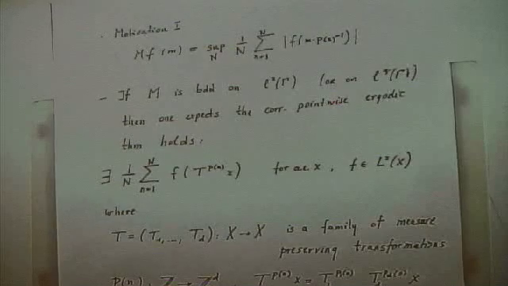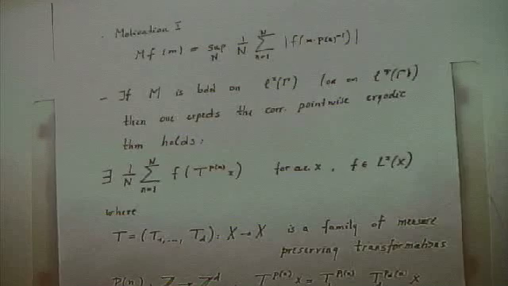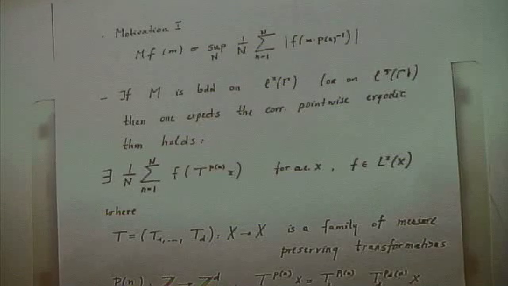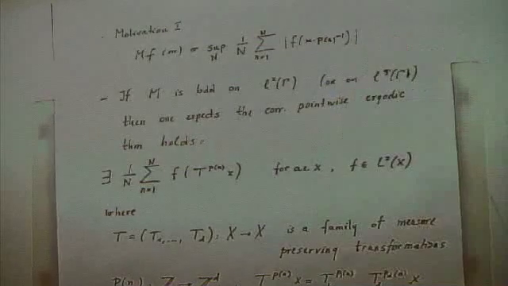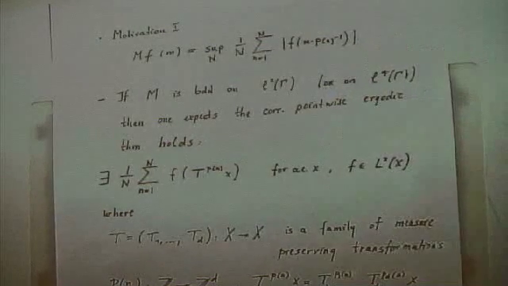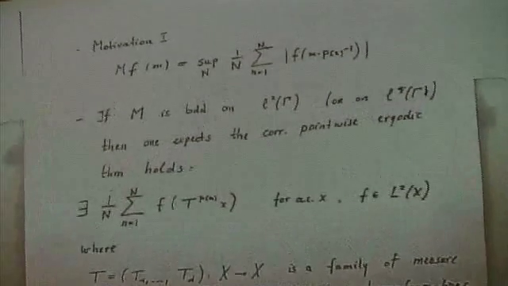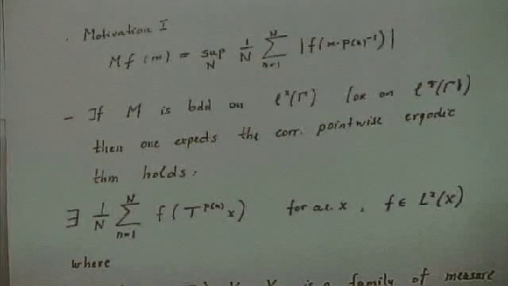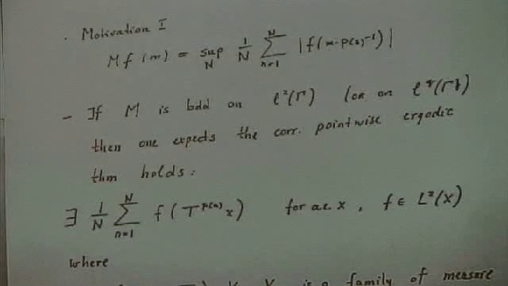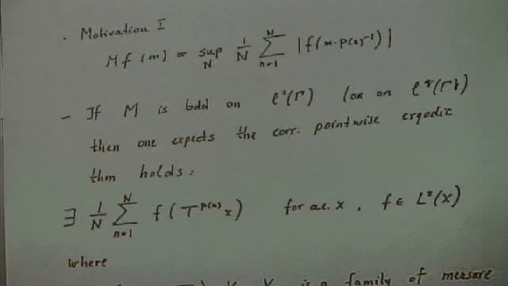So actually what we would have been happier to study is the associated discrete maximal operator, which is written here, because proving boundedness in L2, or more generally in L^p spaces, for such maximal operators almost always implies a corresponding ergodic theorem.